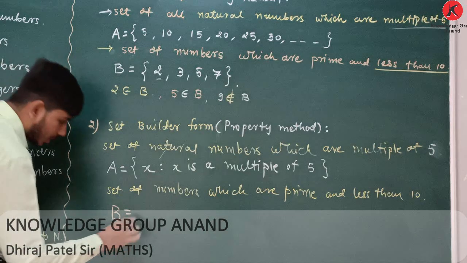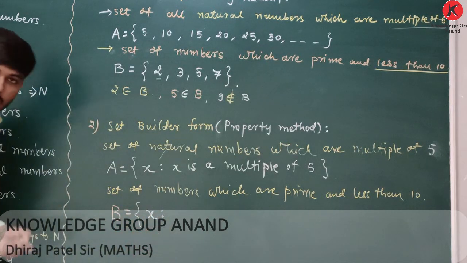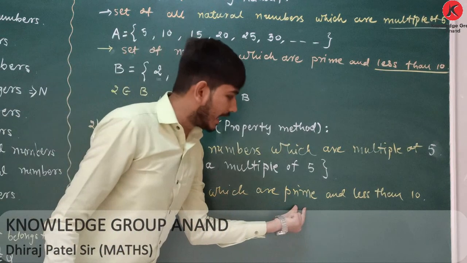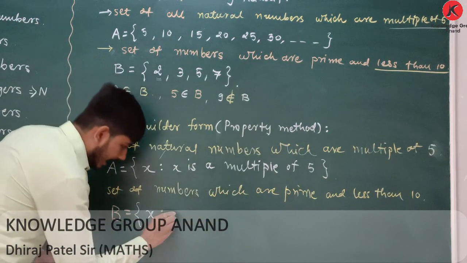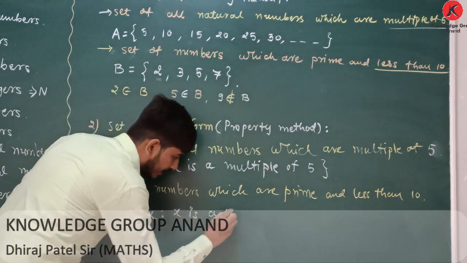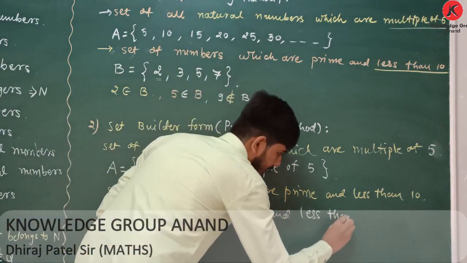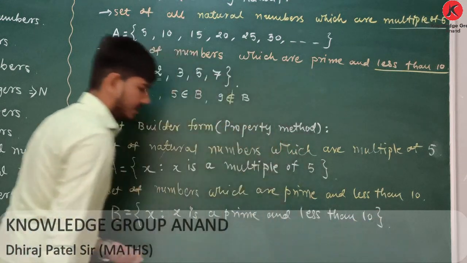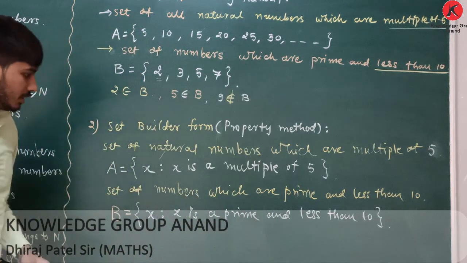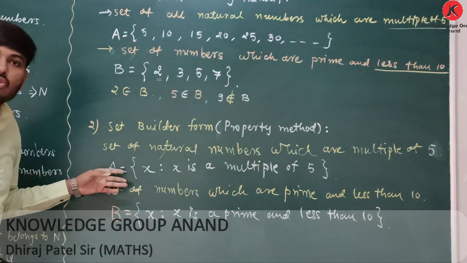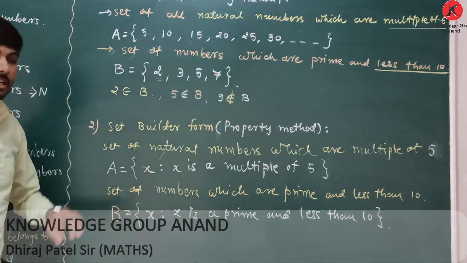It is B equals, first of all consider the variable x such that x is a prime and less than 10. You can directly write x is a prime number and less than 10. This is set B. Now, there are many ways to represent a set in property method or set builder form.